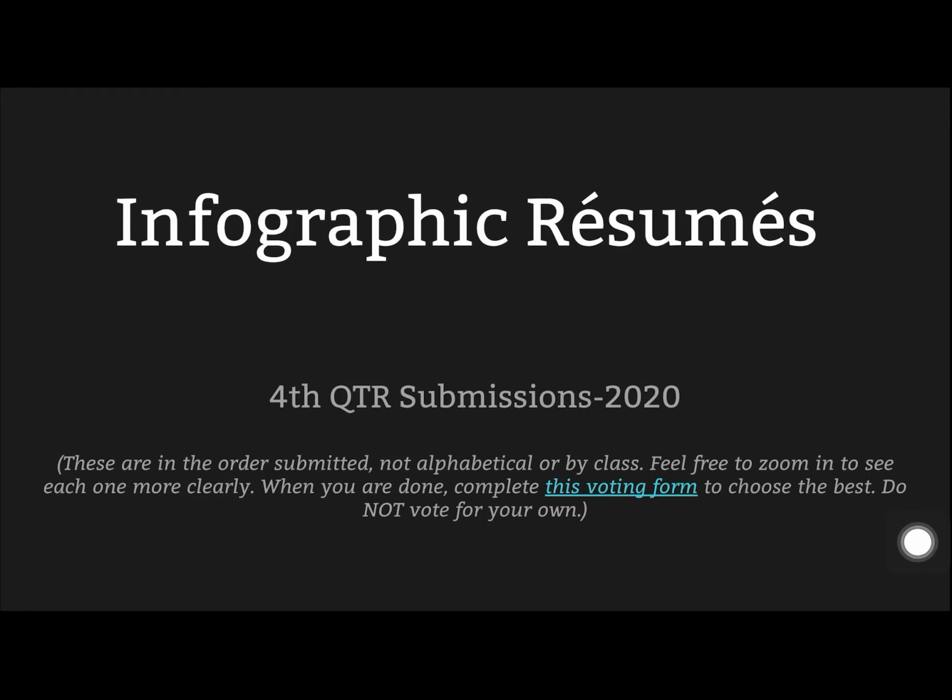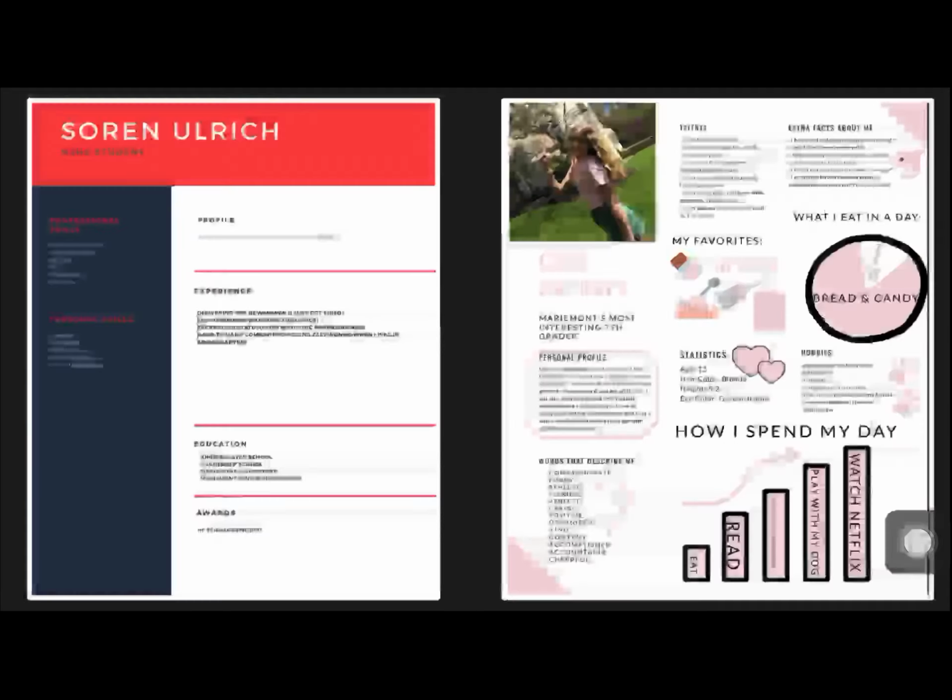The order in this slideshow simply is based off of who submitted theirs in what order. It has nothing to do with last name or class or anything along those lines. So for example, the first 2 submitted were Soren and Cami.